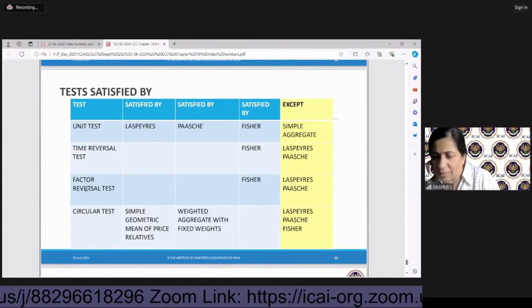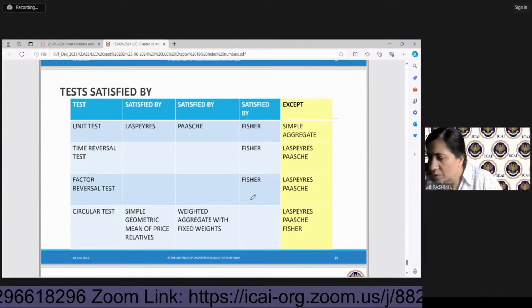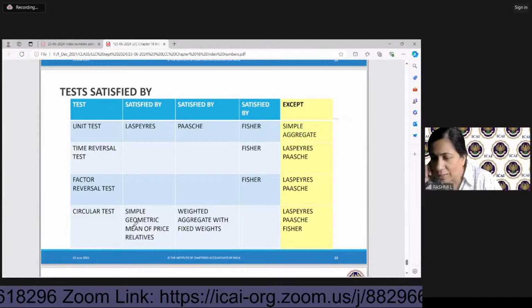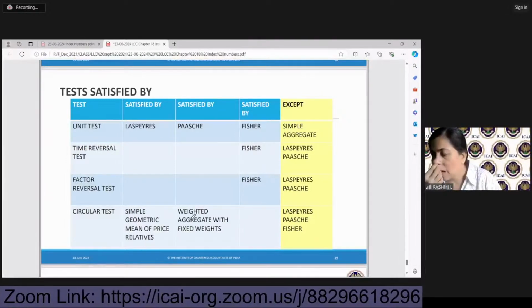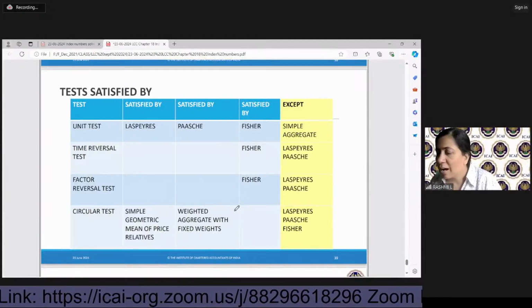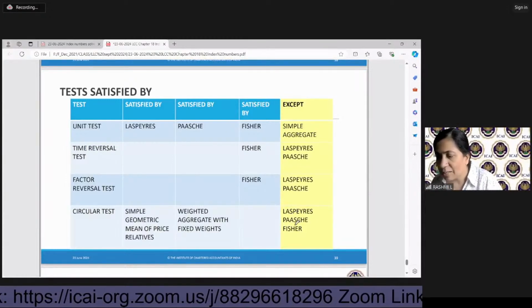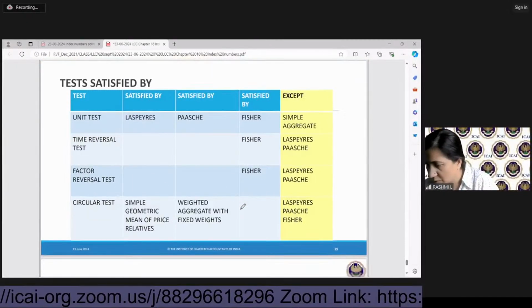So factor reversal is satisfied by Fisher. Okay. So circular test is only satisfied by the simple geometric mean of price relatives, and also by the weighted aggregates with fixed weights, and it is not satisfied by Laspeyres, Paasche and Fisher. Okay, so it is not satisfied.